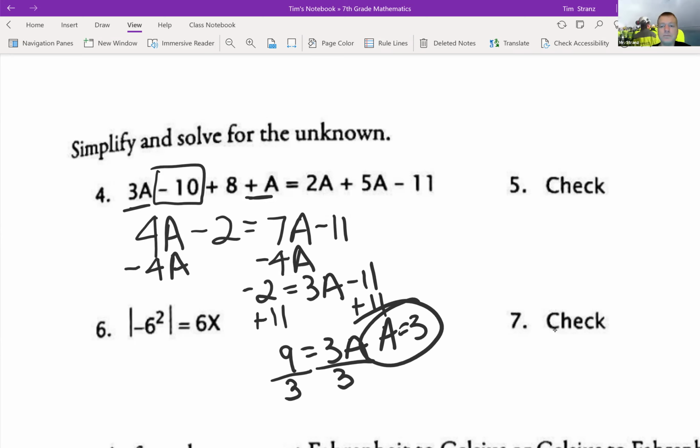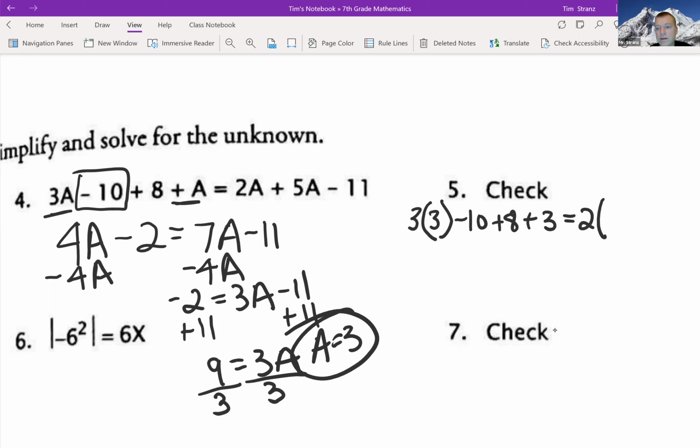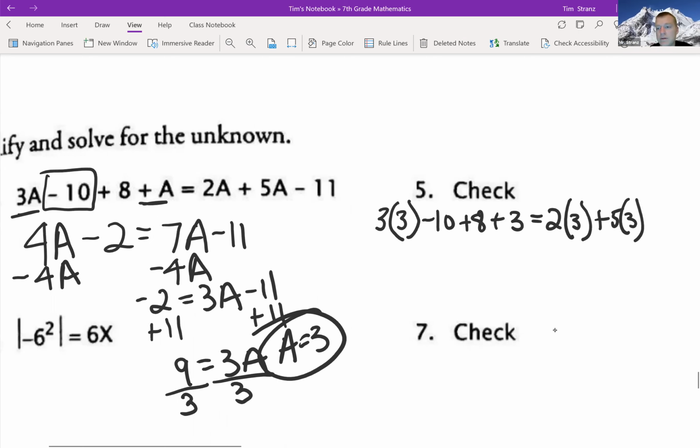All right. A equals 3. I need to check my work, so I'm going to do 3. Now instead of writing a, I'm going to put 3 minus 10 plus 8 plus 3 equals 2 times 3 plus 5 times 3 minus 11.